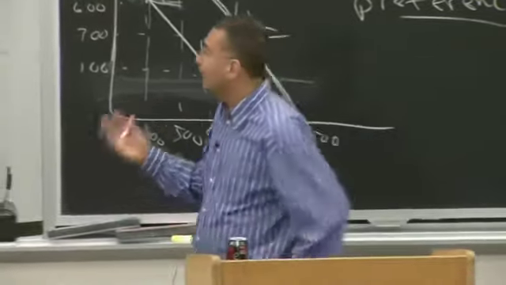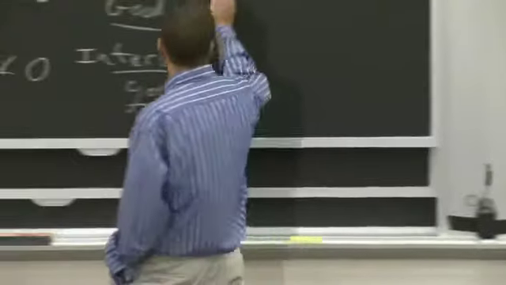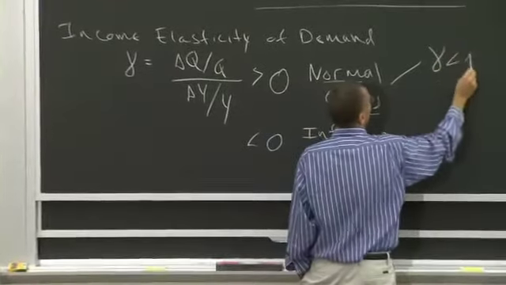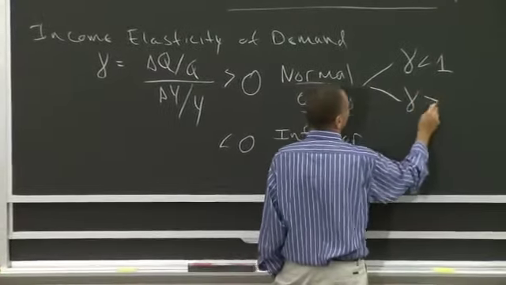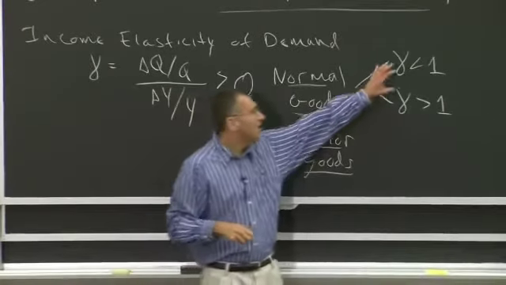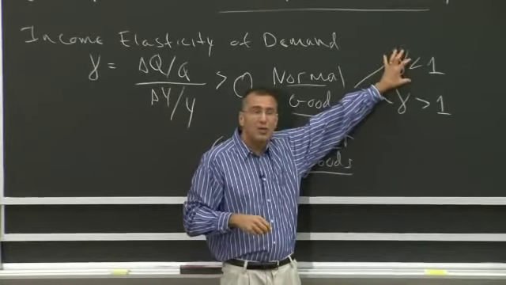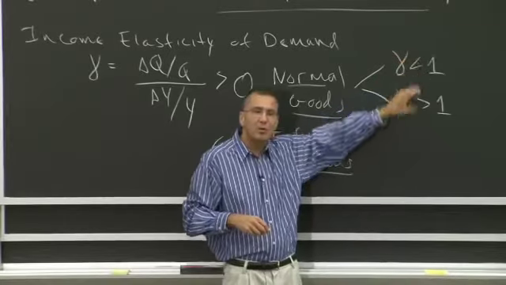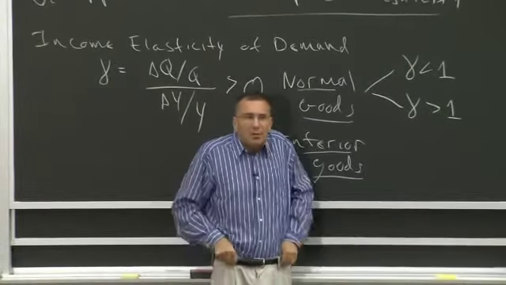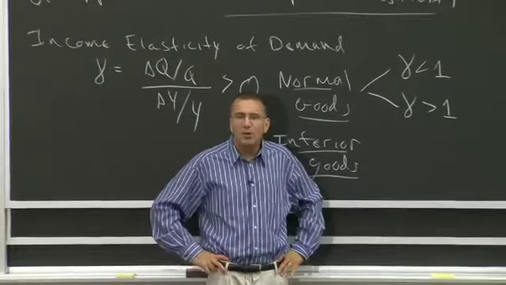Now, moreover, we can break this down further. Within the class of normal goods, we can talk about gamma less than 1 and gamma greater than 1. Any guess as to what terms I'll use? Any examples of the class of goods where it'd be less than 1 versus greater than 1? What's an example of a good where gamma is less than 1?